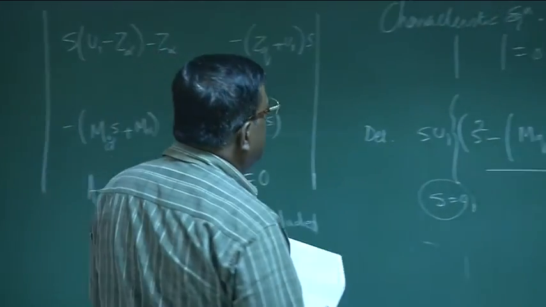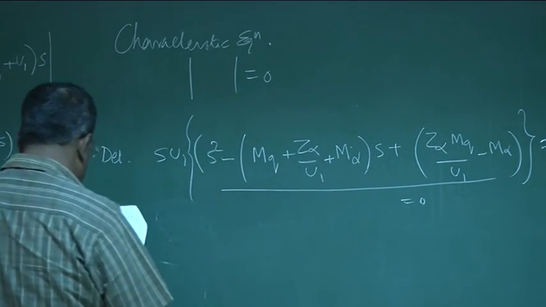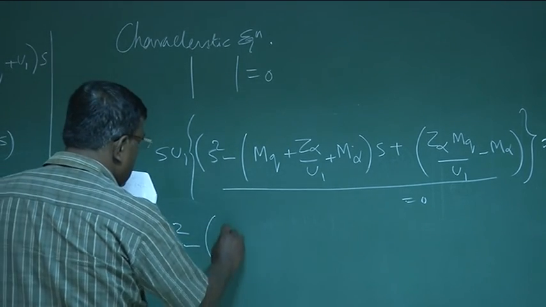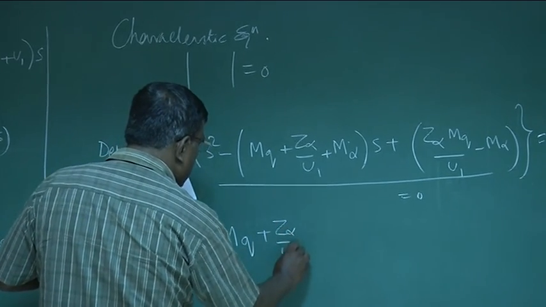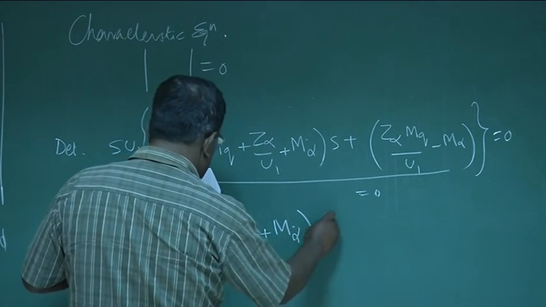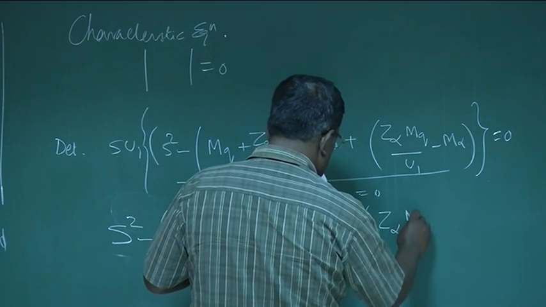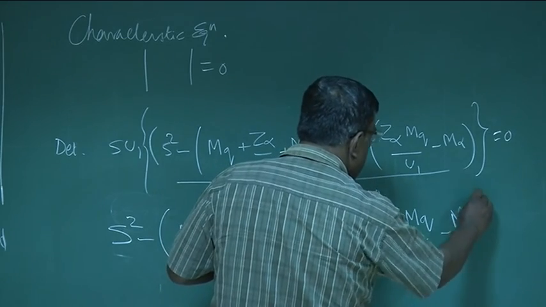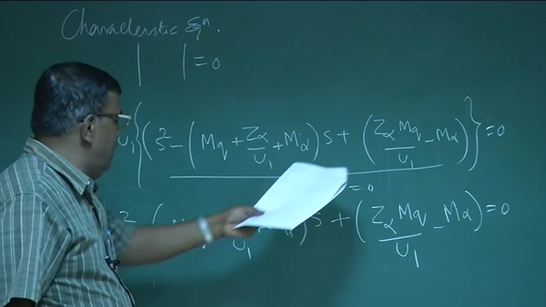So we will not take this solution at all, and we'll use this equation, and then we get the final characteristic equation for a short period as s square minus (mq plus z alpha by u1 plus m alpha dot) s plus (z alpha mq by u1 minus m alpha) equal to 0. As simple as that. Okay.